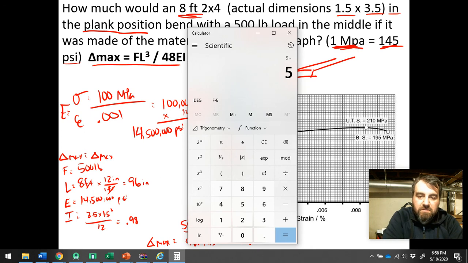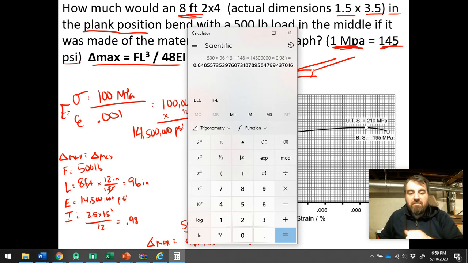All right, let's go to our calculator. 500 times 96 to the third divided by, we're going to put this in parentheses, 48 times 14,500,000 times 0.98. And it gives us 0.64855.